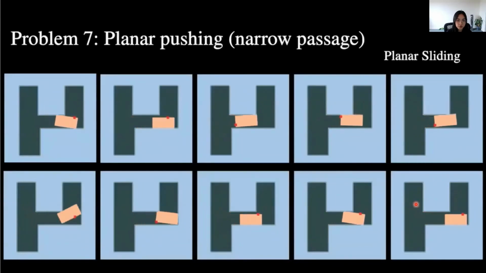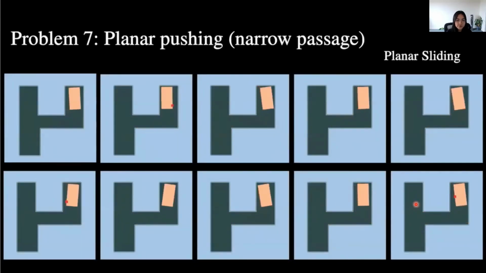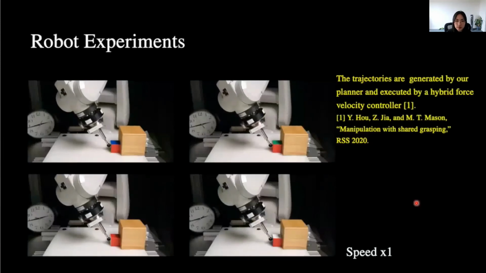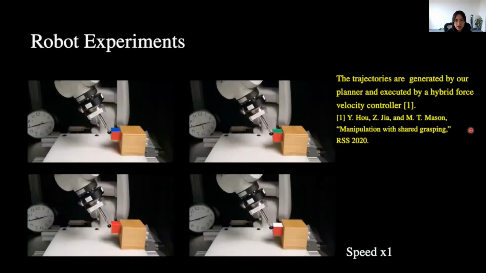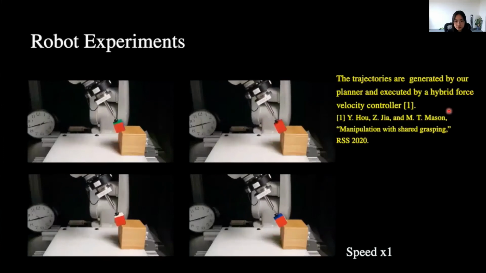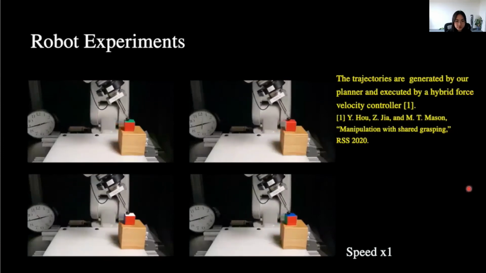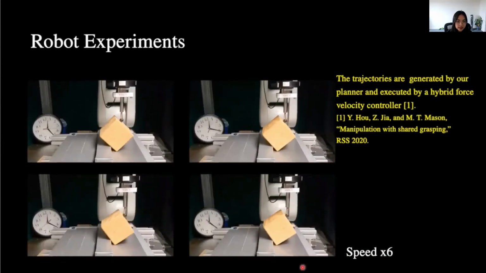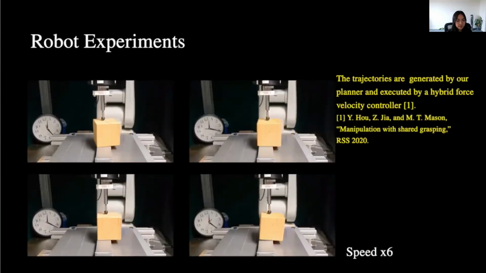It also works for planar pushing. Yeah, we also execute our plan using a hybrid force velocity controller. This is pushing the block up to a cliff, and this is the obstacle course.